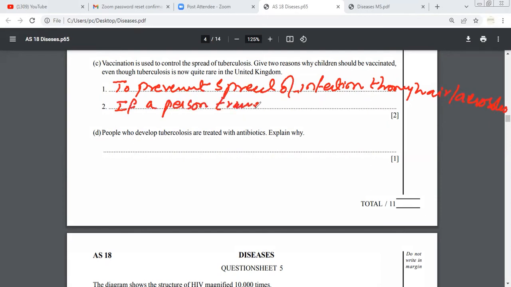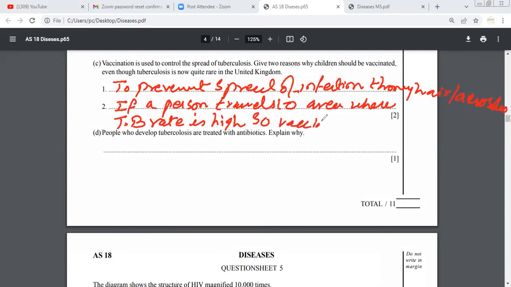and if a person travels to an area where the TB rate is high, so vaccination gives protection.